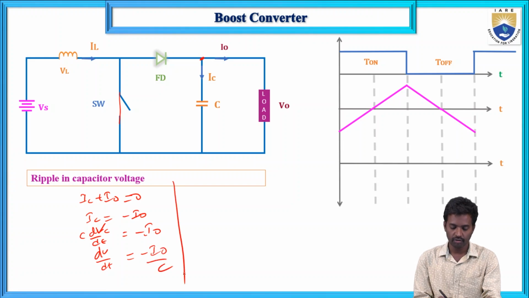Next, del VC we need to calculate, the ripple in the capacitor voltage.